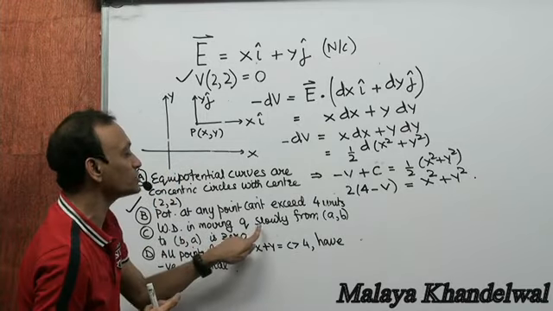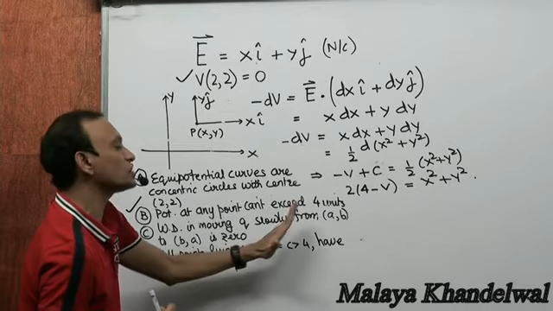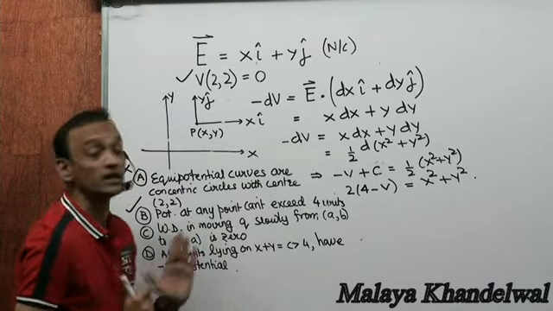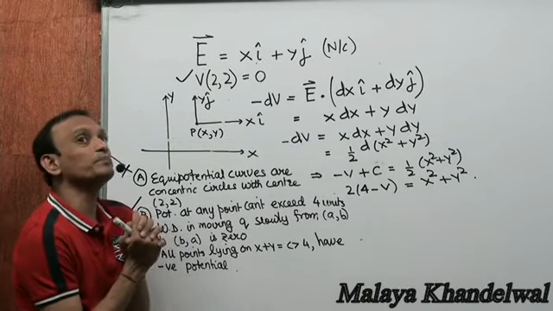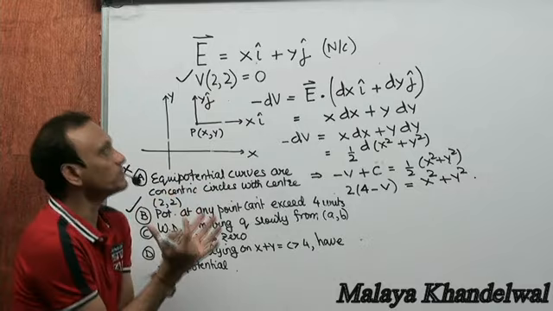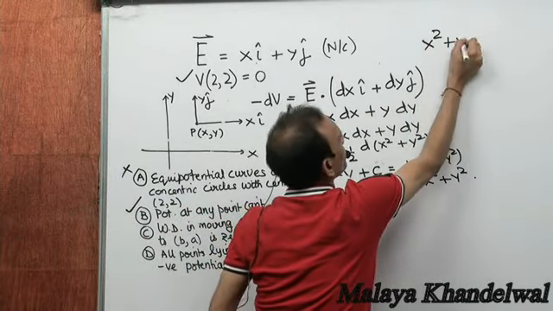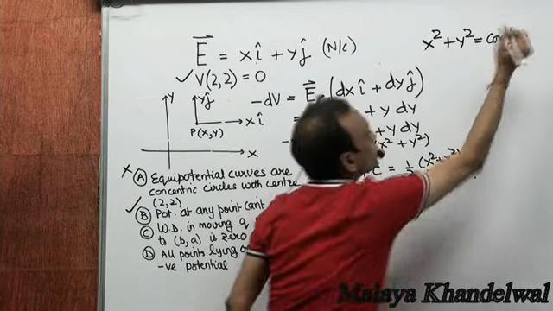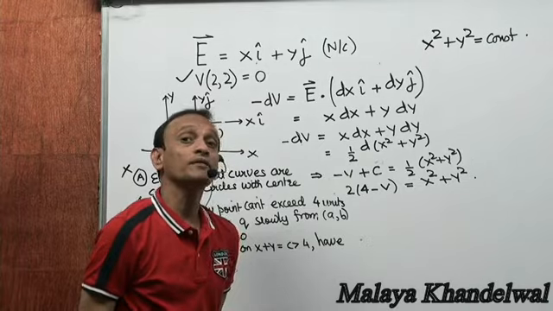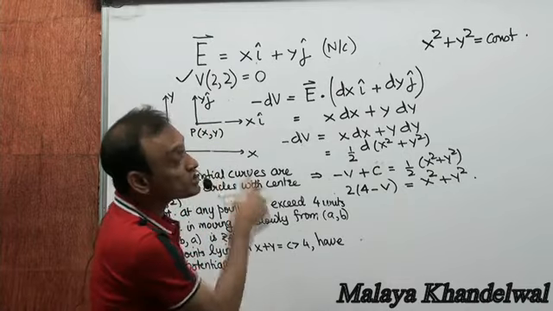Work done in moving a charge q slowly from AB to BA is 0. Yes. Because AB and BA would lie on the same circle, isn't it? X squared plus y squared equal to some constant, which is the equation of an equipotential curve for this description.